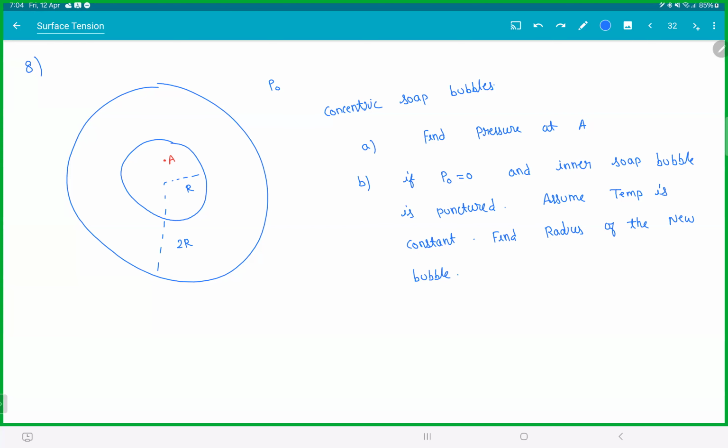This is all air. Yep, 6S by R, that is there. Get the second part.